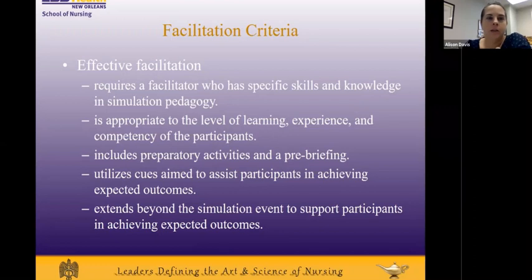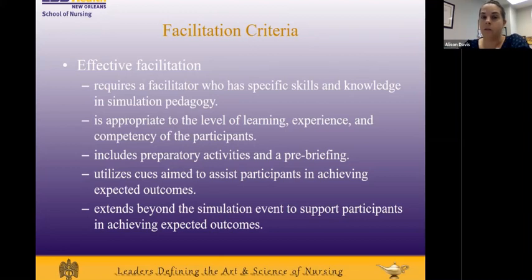No problem. So you want your facilitator to have skills and knowledge in simulation. You want your facilitation to be appropriate to the level of learning, experience, and competency of the participants. And that's the hard part to me. It just takes time and practice. It includes preparatory activities and a pre-briefing.